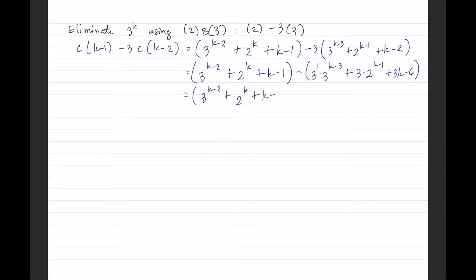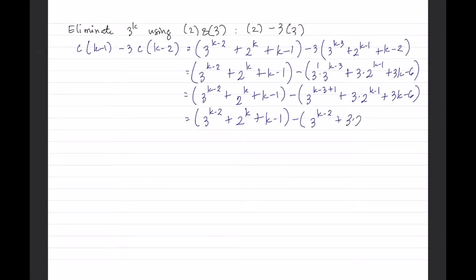That would give us the next equation, 3 raised to k minus 2 plus 2 raised to k plus k minus 1 minus 3 raised to k minus 2 plus 3 times 2 raised to k minus 1 plus 3k minus 6.